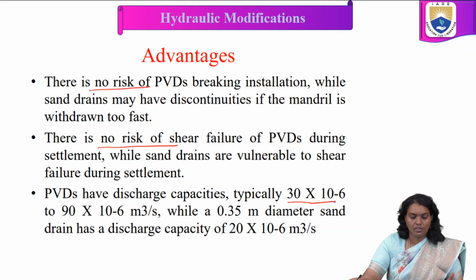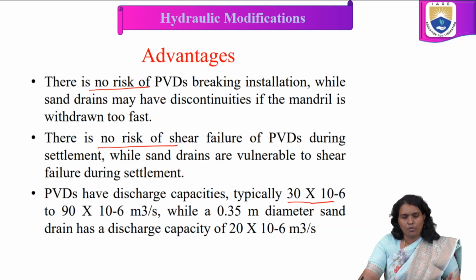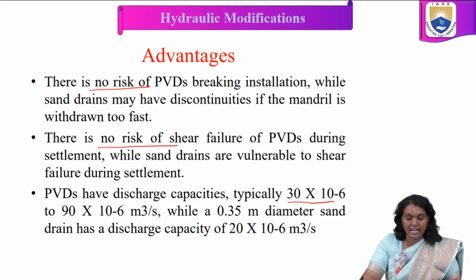30 to 90 times 10 to the power of minus 6 meter cube per second, while a 0.35 meter diameter sand drain has a discharge capacity of 20.